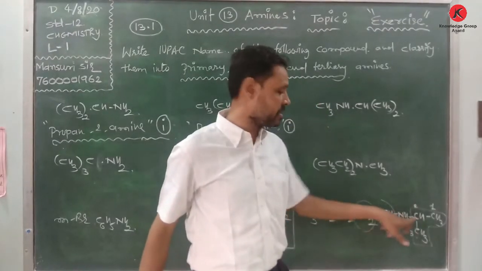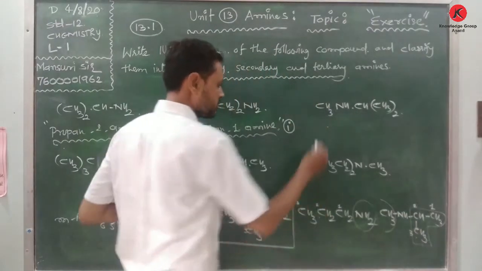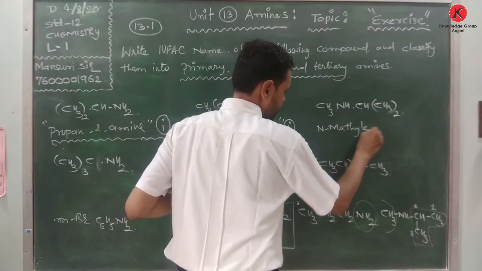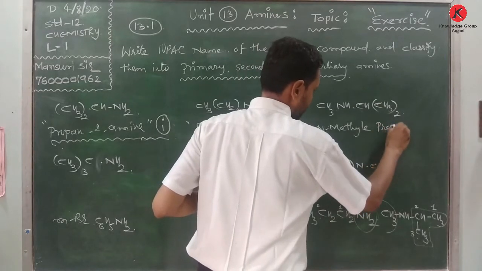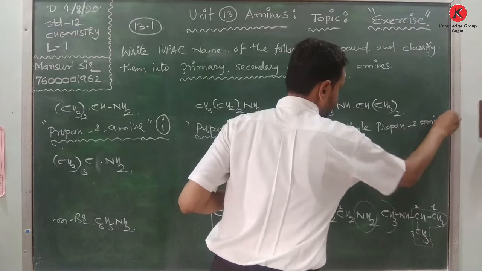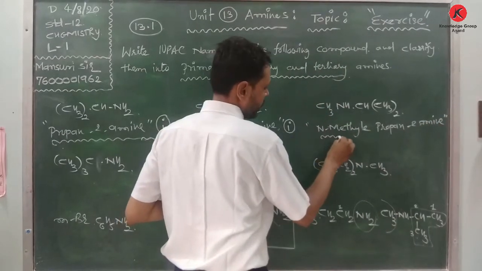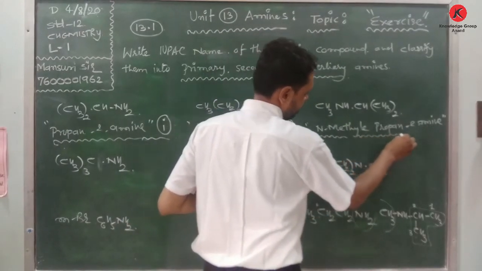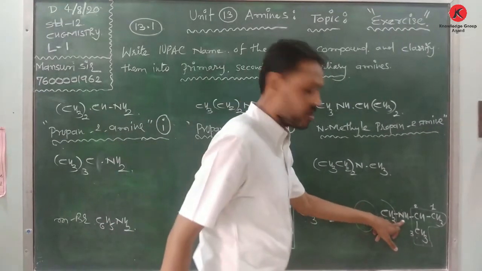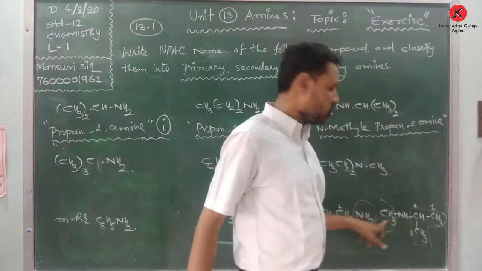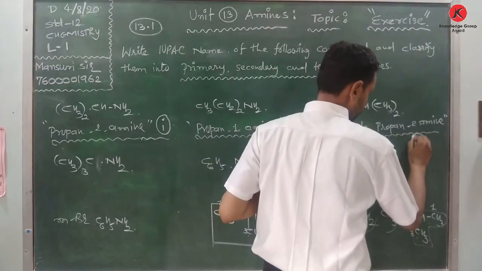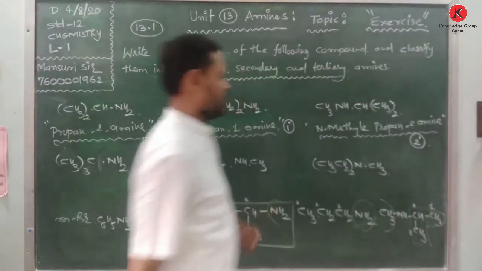That means N-methylpropane-2-amine. Here the nitrogen is having two carbons, that means it is a secondary amine. So this is my secondary amine.